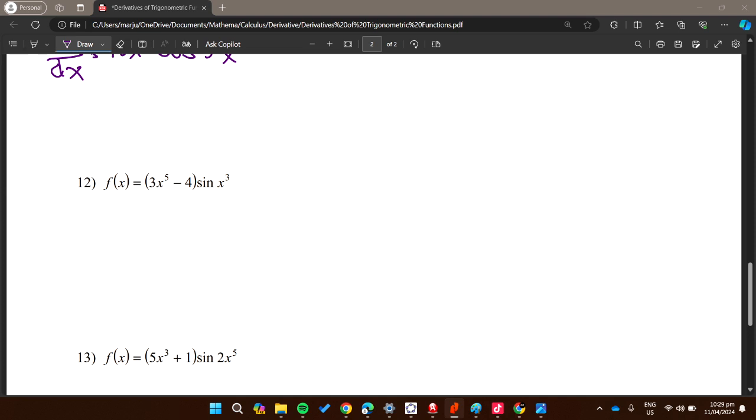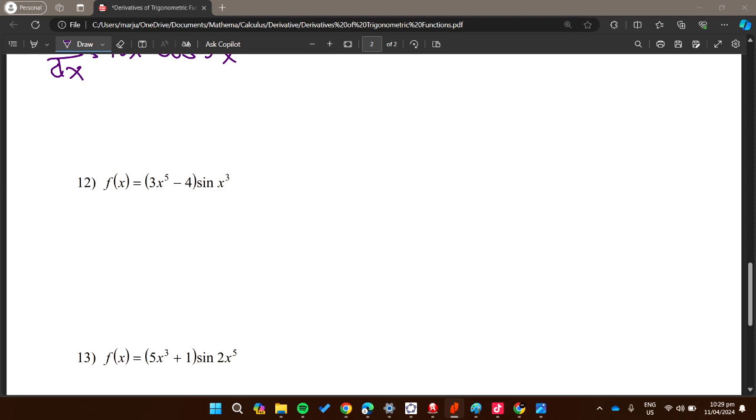Anong gagawin nyo sa number 12? Product rule.